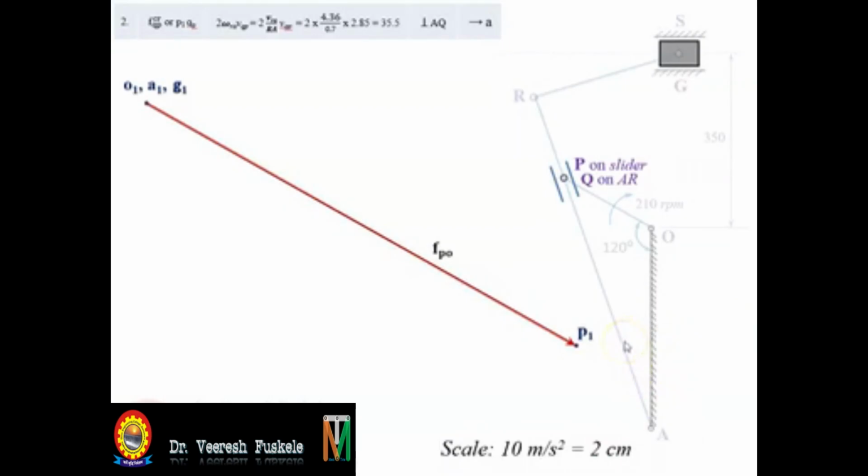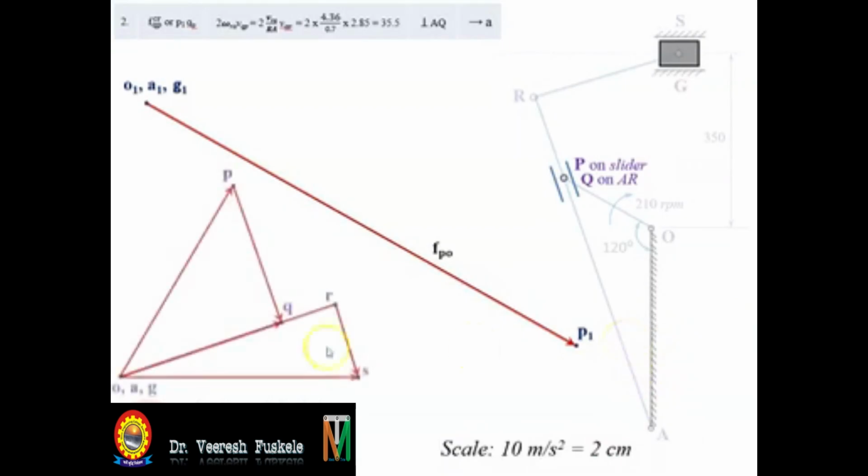As we saw in the velocity diagram, this is the direction of the velocity vector of Q relative to P from top to bottom. So we draw this vector like this. This is VQP, and we have to rotate this vector at an angle of 90 degree in clockwise direction, because the angular velocity is in clockwise direction.